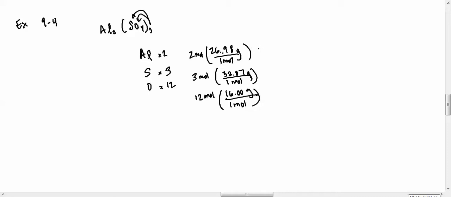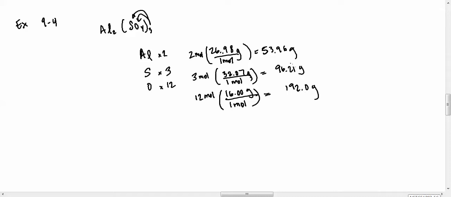So when you multiply 2 times 26.98, you end up getting 53.96 grams. And over here you end up getting 96.21 grams. And from here the oxygen contributes 192.0 grams.